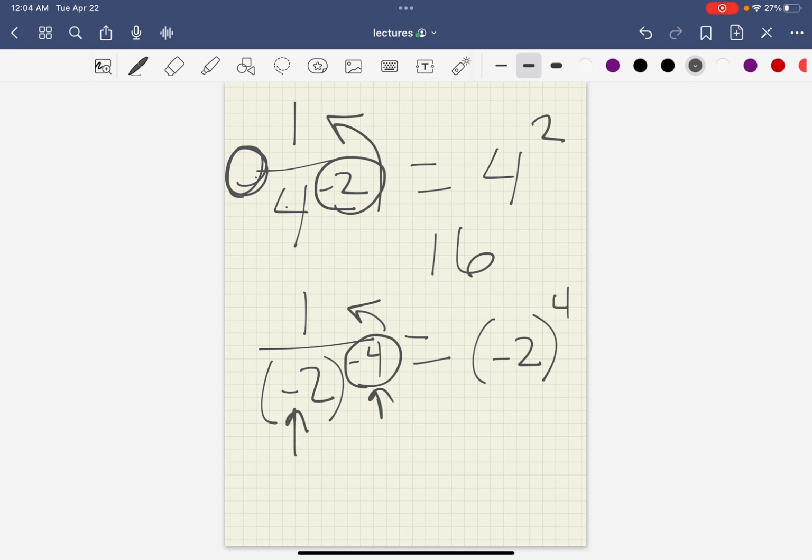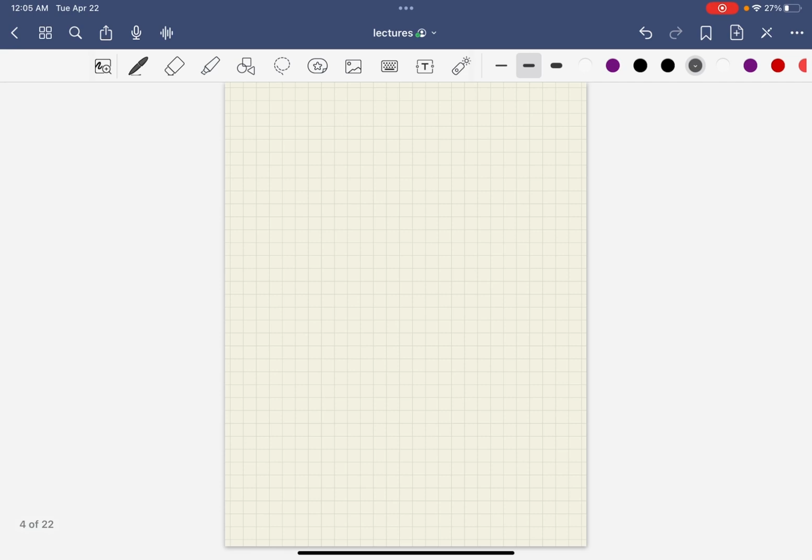So this is negative 2 times negative 2 times negative 2 times negative 2. That's 4, and 4 times 4 is a positive 16. So there again, the sign out in front is not affected by the sign on the exponent.